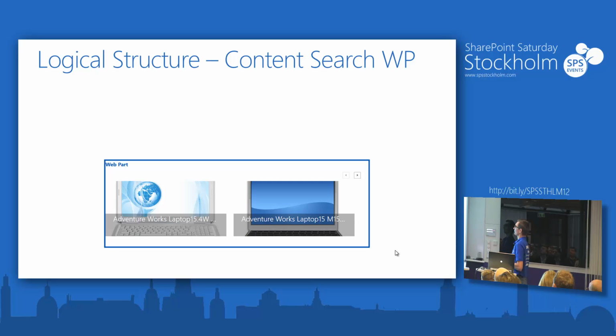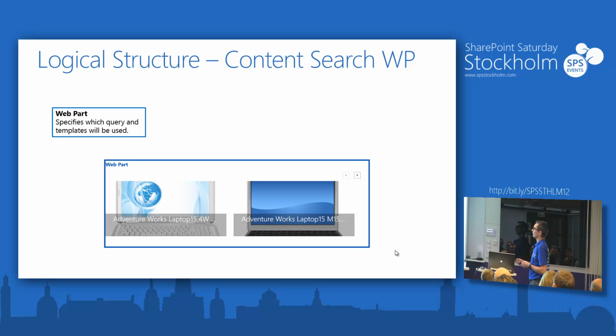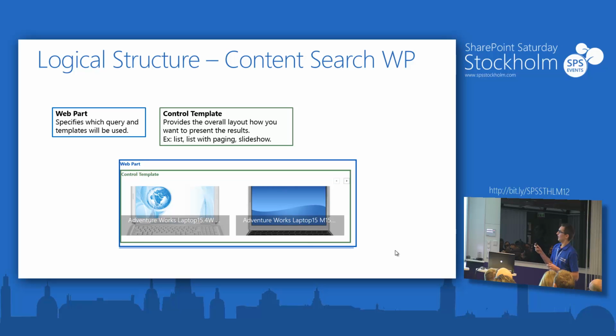Then we come to the logical structure of a content search web part. This gives you a better overview of what these display templates really do. You have a web part, and in that web part you specify which query for the results you want to retrieve and which templates you are going to use for these results. Here, for example, we see a list with paging, and we see an item template.